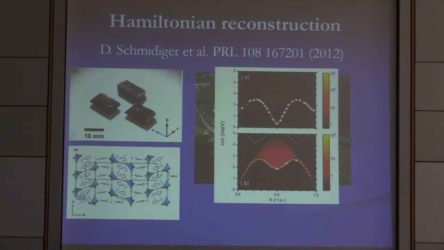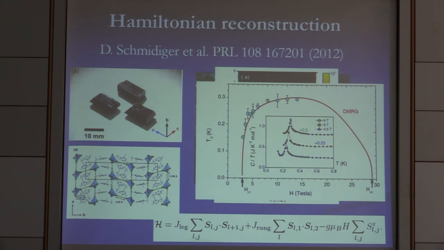And because we know that we are able to compute the correlation exactly, it means that if we match the experiment, we have the right Hamiltonian. And actually, this is a beautiful compound because it turns out to be a weak rung coupling. This time, the strongest coupling is on the legs, and the rung is a weak coupling. So this is something that one can imagine doing in more complicated situations.